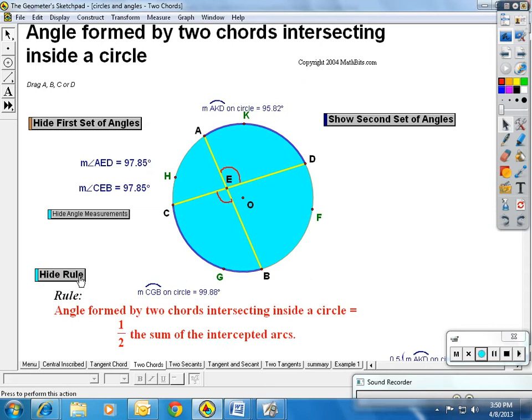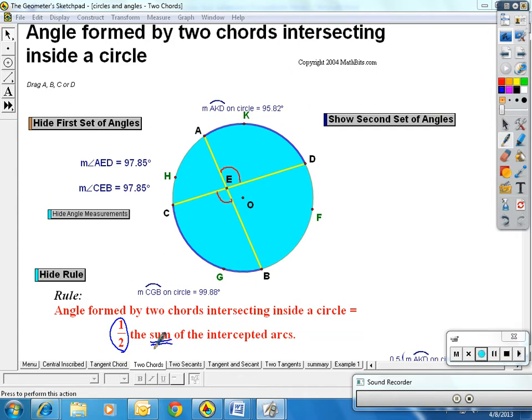The angle formed by two chords intersecting inside a circle is 1/2 the sum. A number that is going to be very popular is 1/2, and then we have to pay attention. In this case, we're going to take a sum.